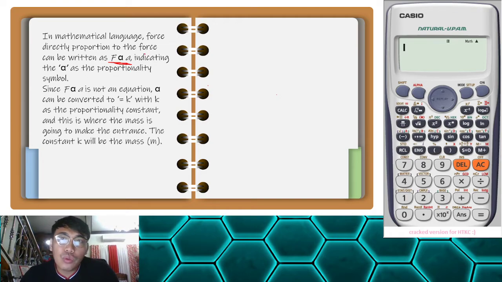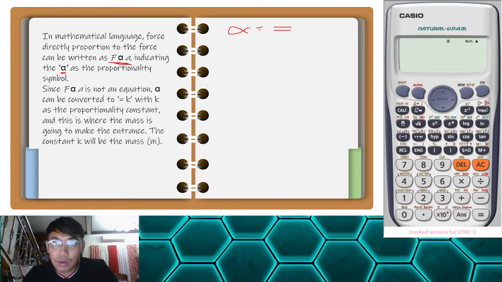If we wish to use this proportionality symbol in our mathematical operations, we have to convert the proportionality symbol into an equal sign. But the proportionality symbol doesn't convert directly to an equal sign.